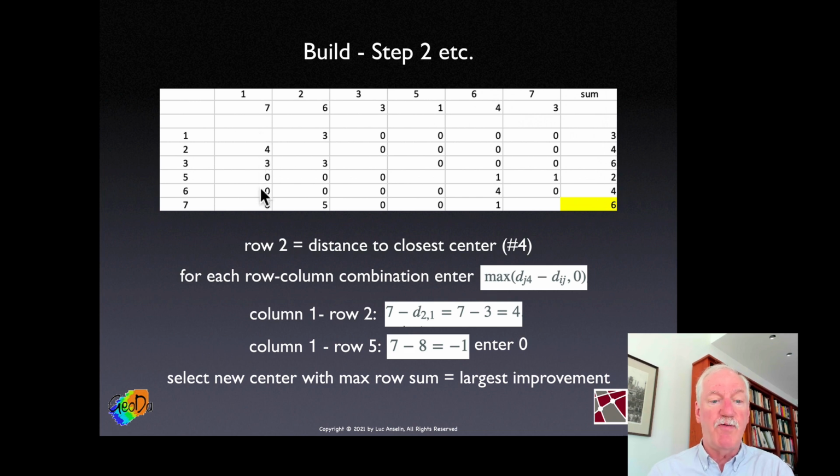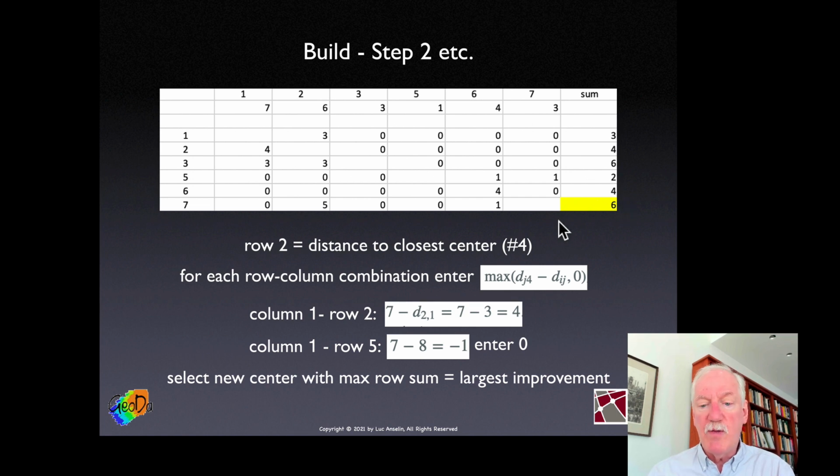And so we do this for each of these candidates. We consider how does the current distance to the nearest center compare to what it would be if each of these row candidates were the next center. And then we pick the row candidate for which the sum is the largest, which means that for all the points taken together, it's the biggest improvement.